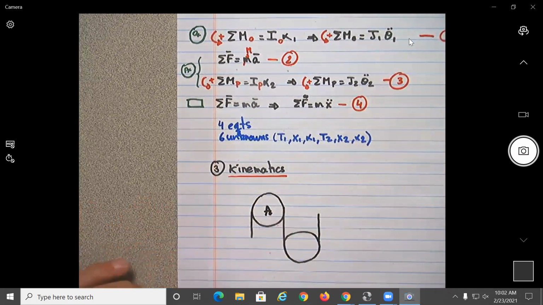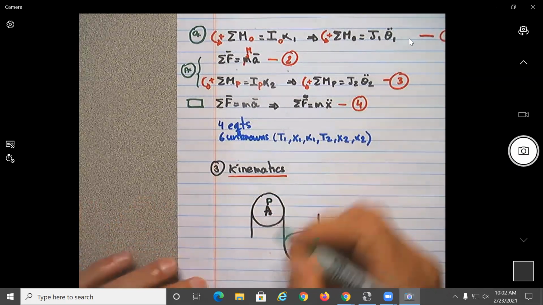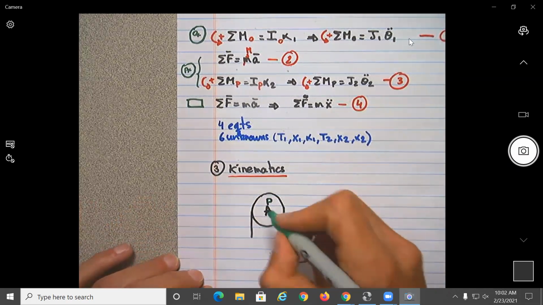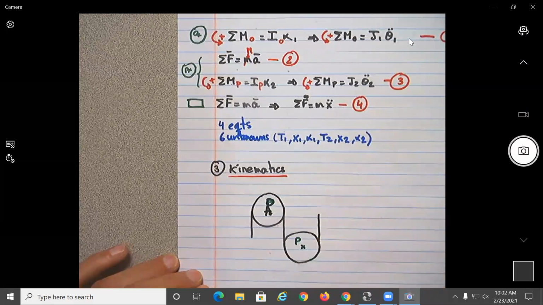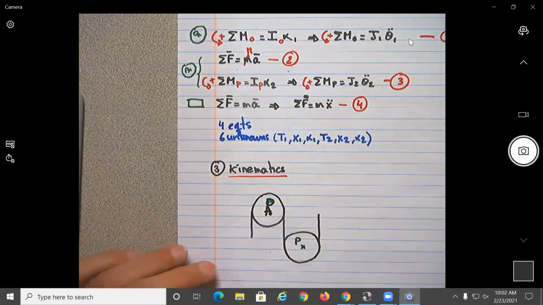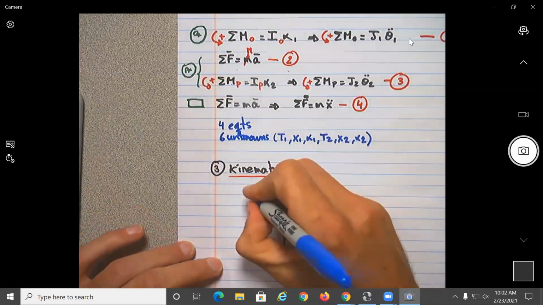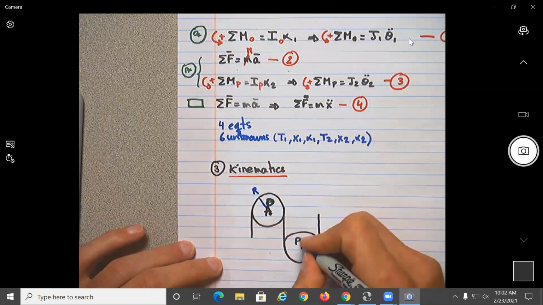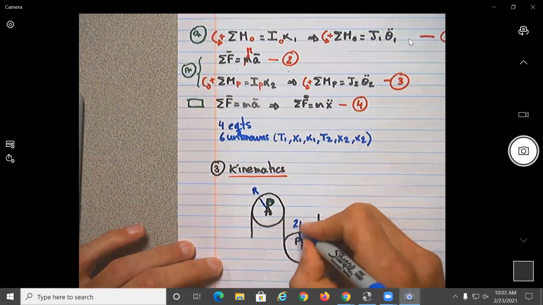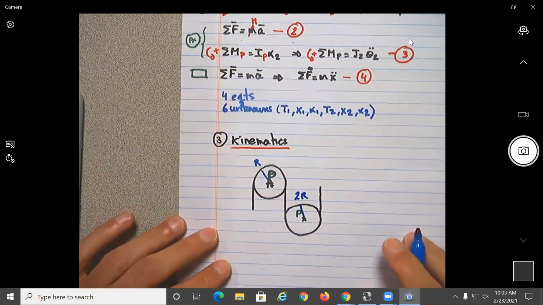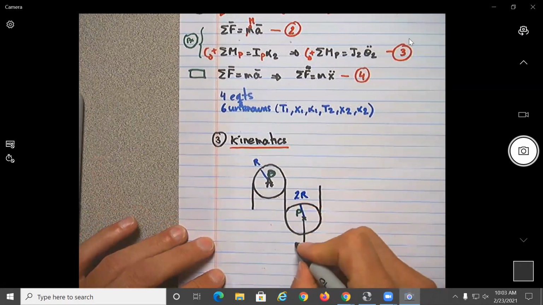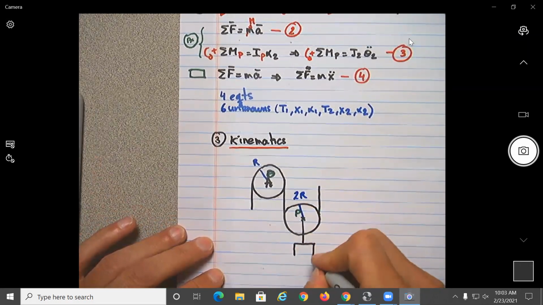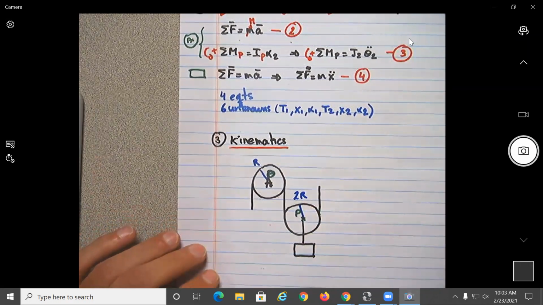So this will be P, no, that was O. P. This radius is R, 2R. Okay.